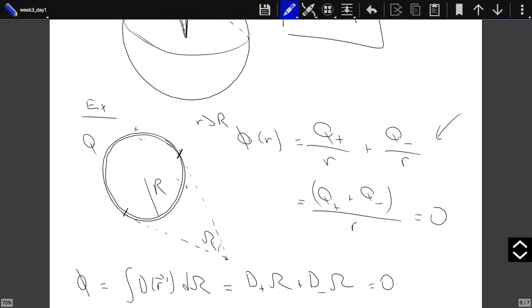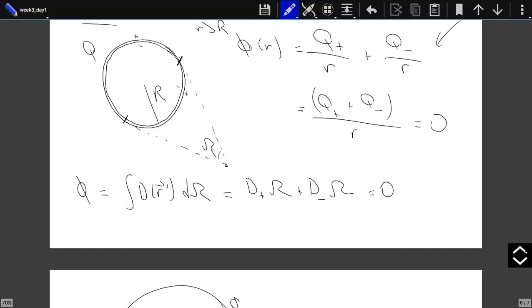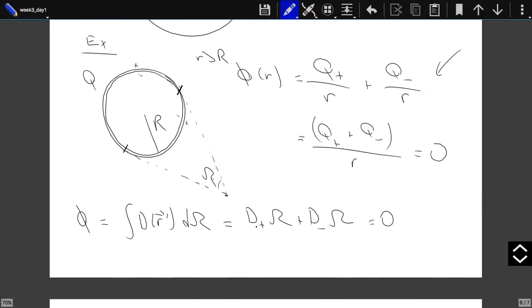Well, here I claim that D plus and D minus have the same densities, and the solid angle is the same, so phi should have been 0.